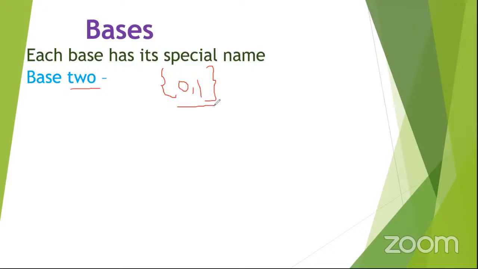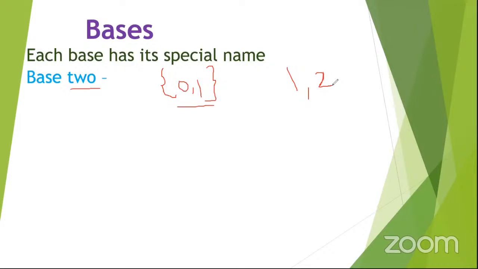Then another thing, someone may ask, teacher, why didn't we begin with 1, then 2? One thing we should always note, a base does not have a digit that is equivalent to its base name.